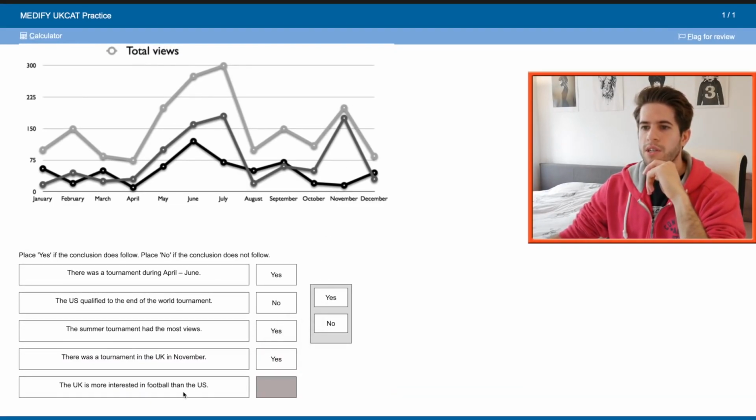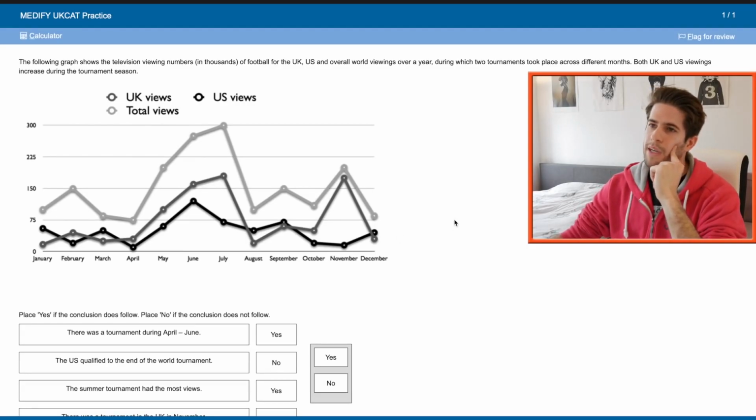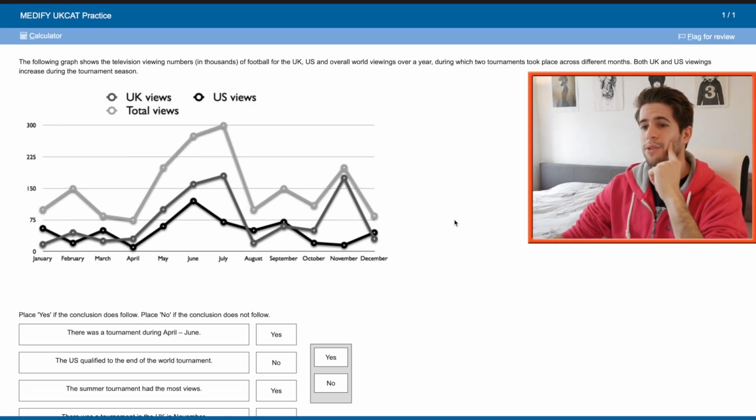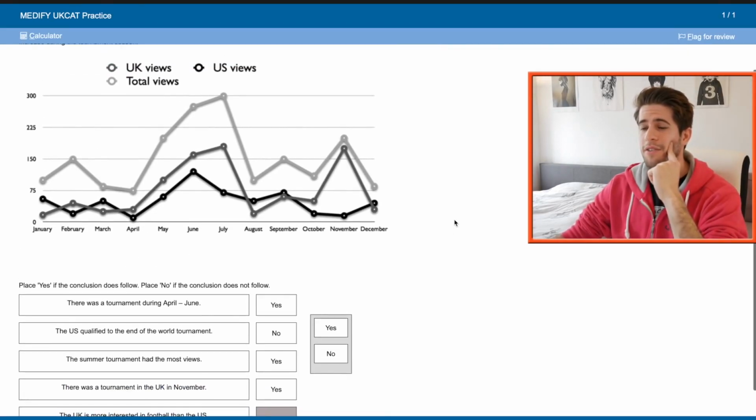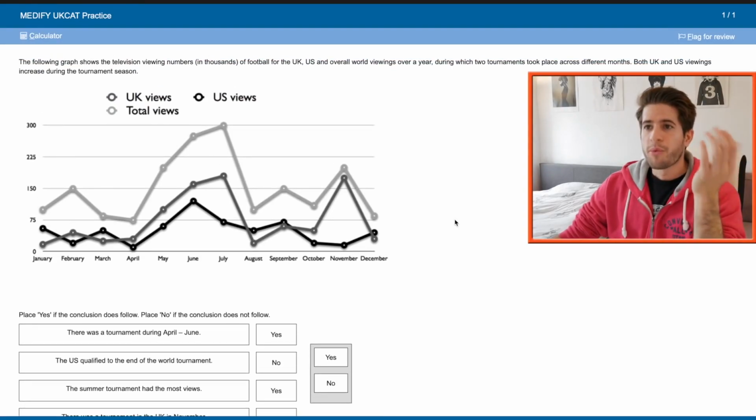The UK is more interested in football than the US. So UK is generally above the US most of the time. Can we conclude that therefore the UK is more interested in football than the US? Yes, they have more views, but does that mean that they're more interested?